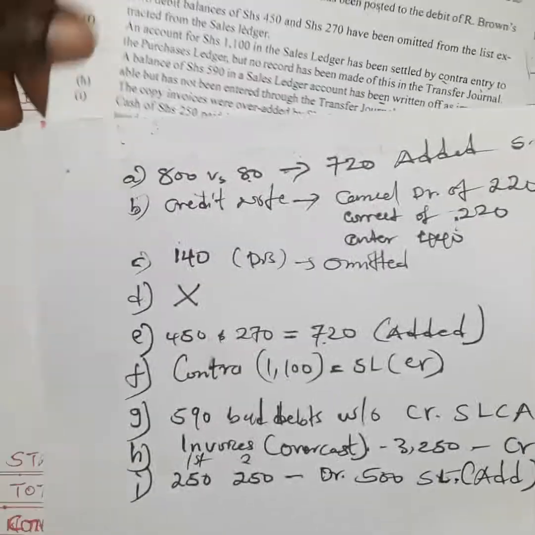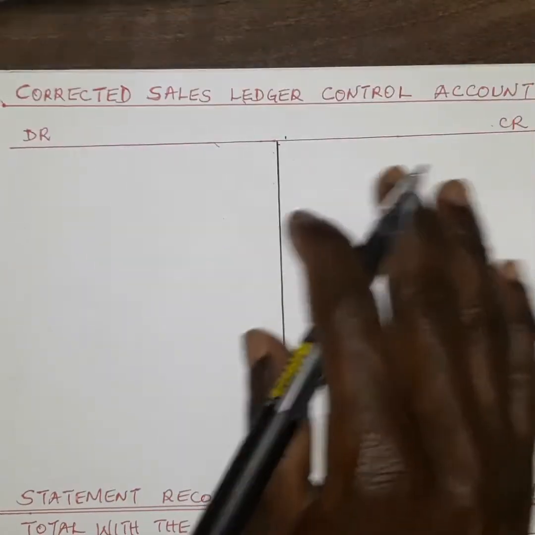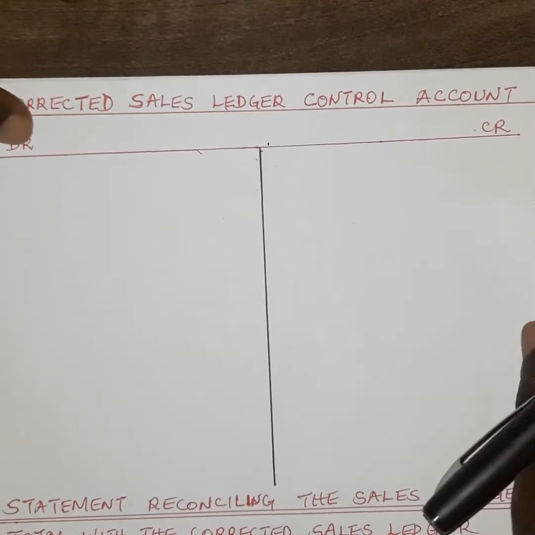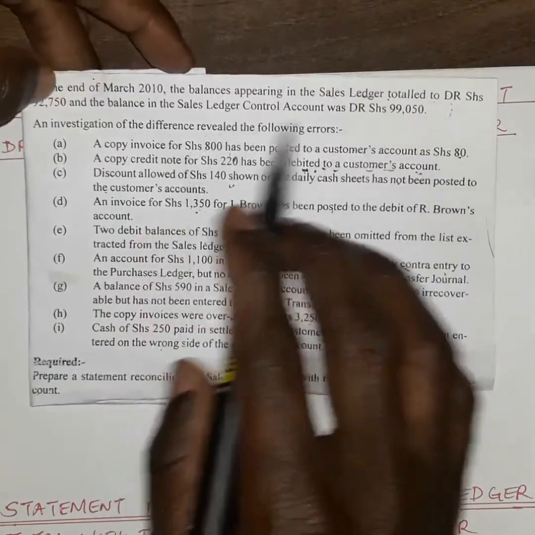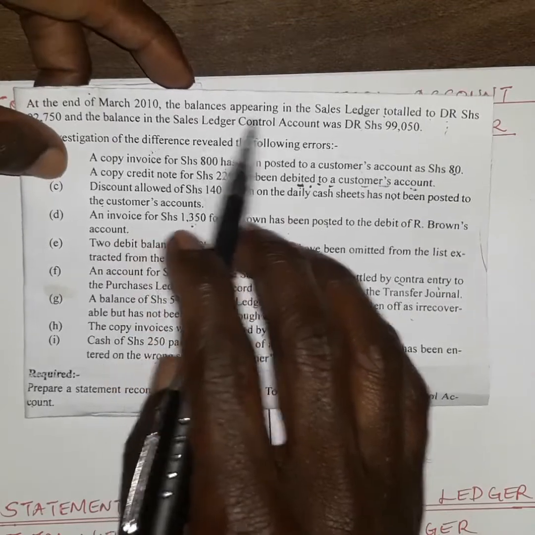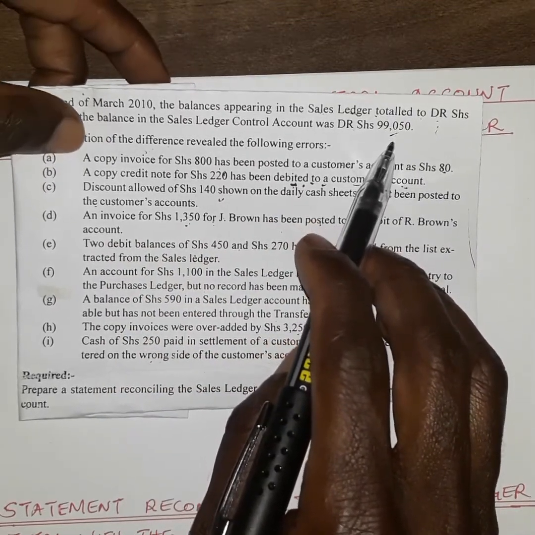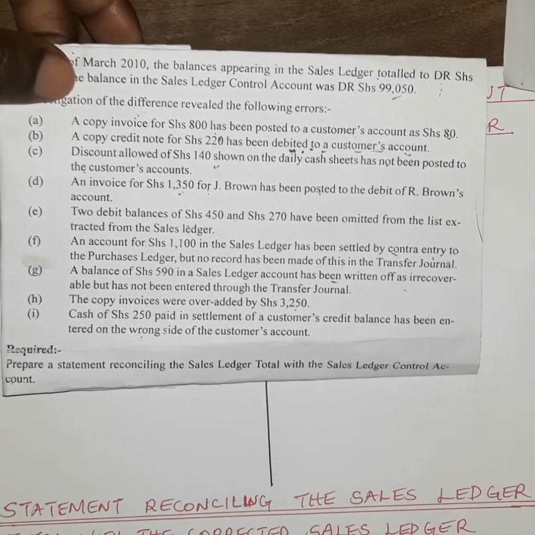So I want us now to start by correcting the sales ledger control account, and we start correcting by debiting. It had a debit balance of 99,050 shillings. So this one is supposed to be debited.